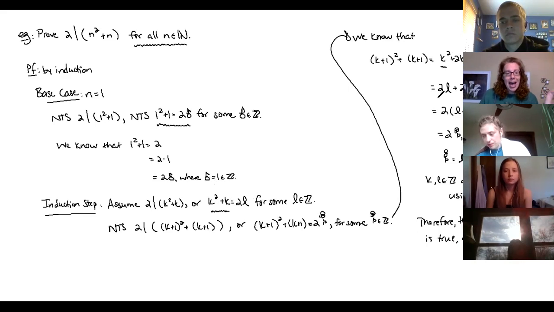If we didn't have a k squared plus k, if we just had a k squared, then I could make one. So if I wanted to, I could make this into k squared plus k, and then I would have the rest of it plus 2k plus 1 plus k plus 1, and then I could subtract k off at the end. So it happened that we had exactly what we wanted, which is good.